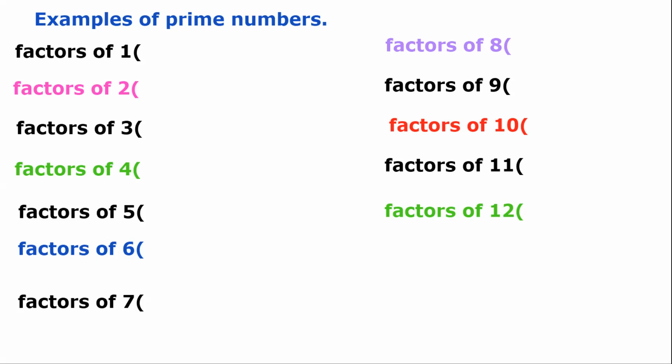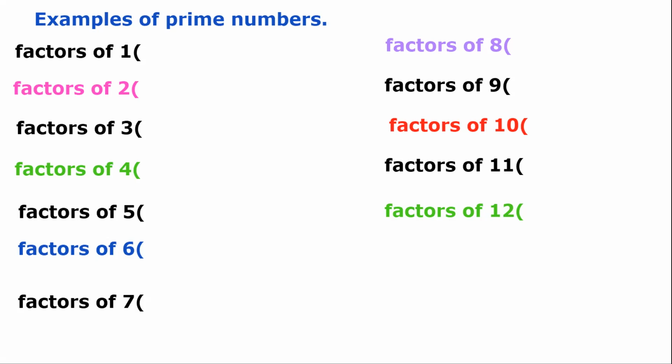You use factors to determine the numbers that belong to the prime numbers and the numbers that belong to the composite numbers. So the only thing you have to do to identify a number as prime is to list the factors of that number. The factors will help you know whether we have a prime number or a composite number.